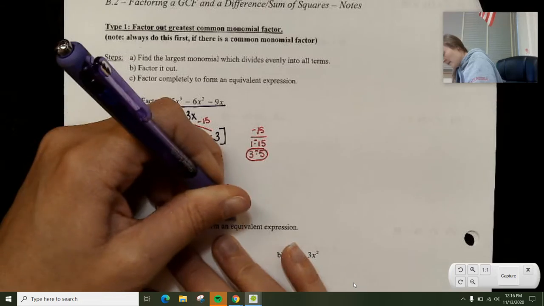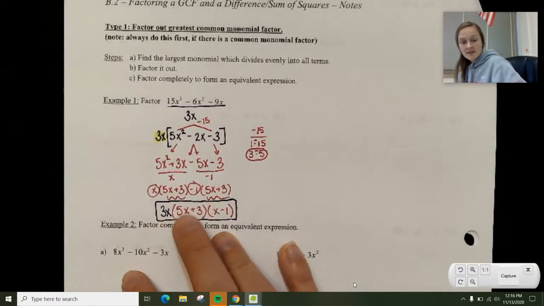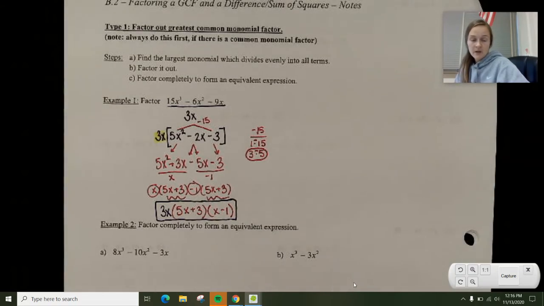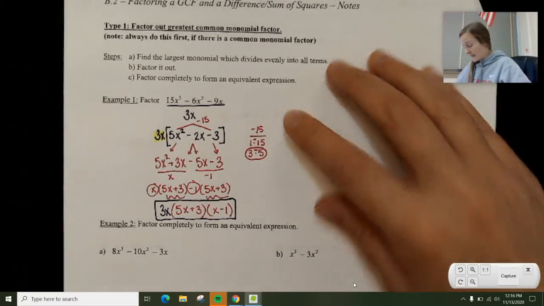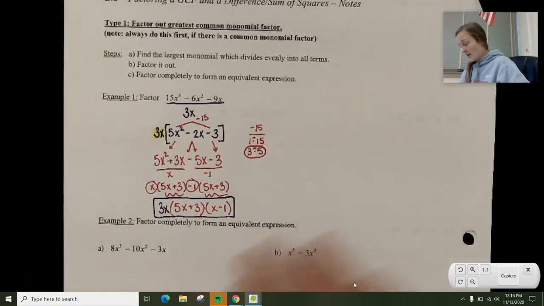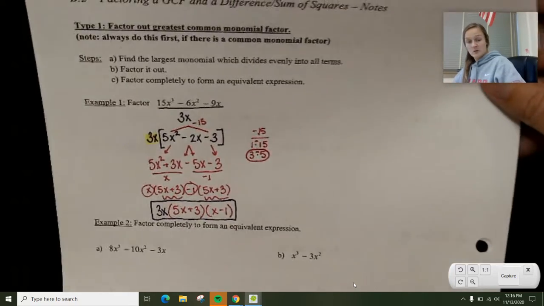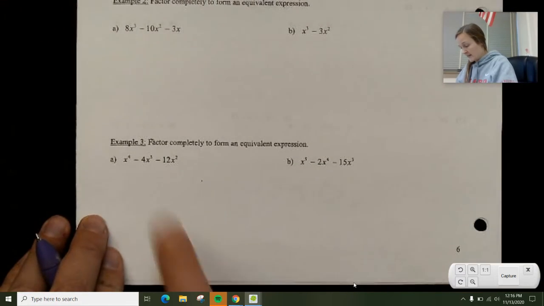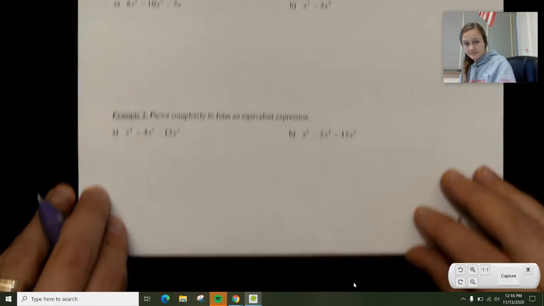So now my fully factored form is 3x times 5x plus 3 times x minus 1. So this example is a lot like example 2, A and B. So I am going to move down to example 3 and do one more example for you. I'm going to look at 3A.